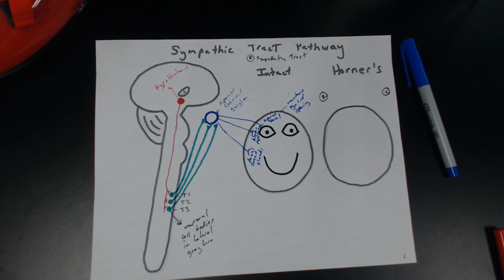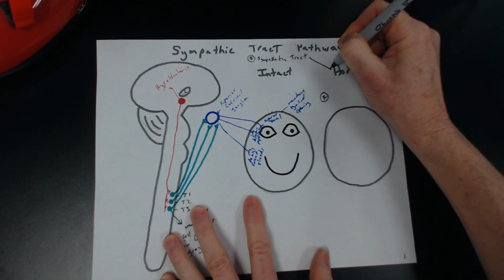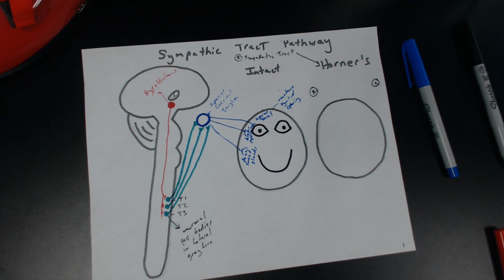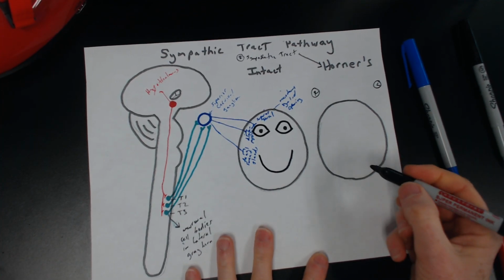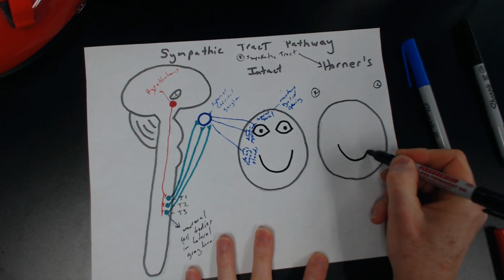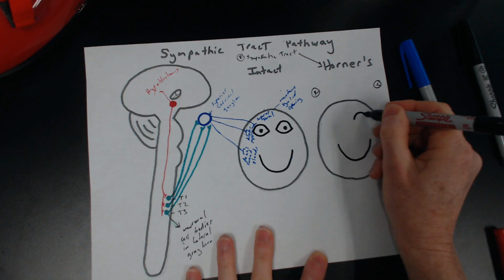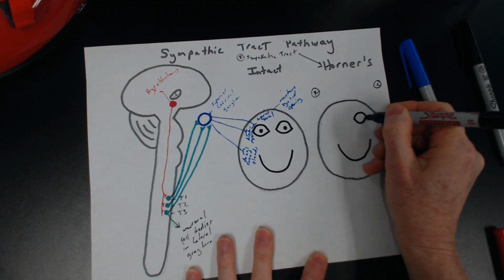That means everything we're going to see is going to be on this person's right side. So the smile is not affected. They're still smiling, and the left side's not affected because it is a disruption of the right sympathetic tract.